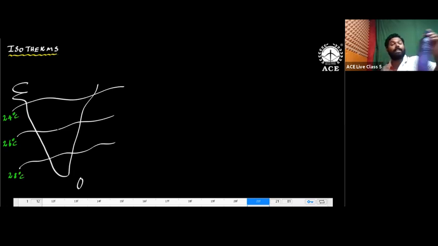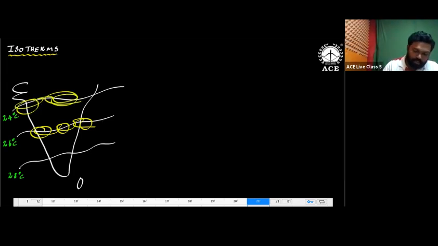Somewhere around here in Kerala, Tamil Nadu, temperature is some 28 degrees. Somewhere around here in Maharashtra, Telangana, Andhra Pradesh, the temperature is 26 degrees. Somewhere around here in Gujarat, Maharashtra, Madhya Pradesh, the temperature is 24 degrees.